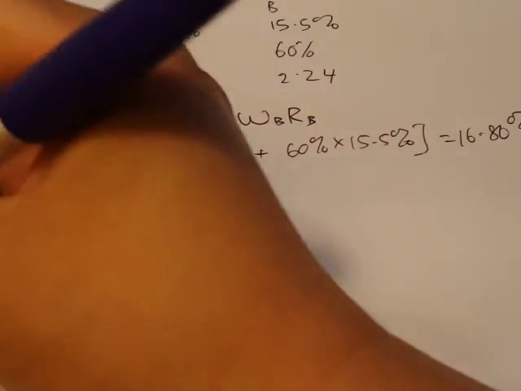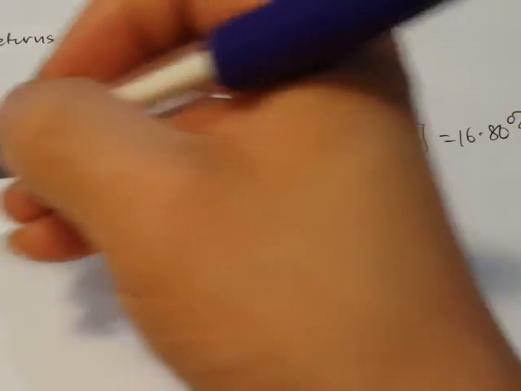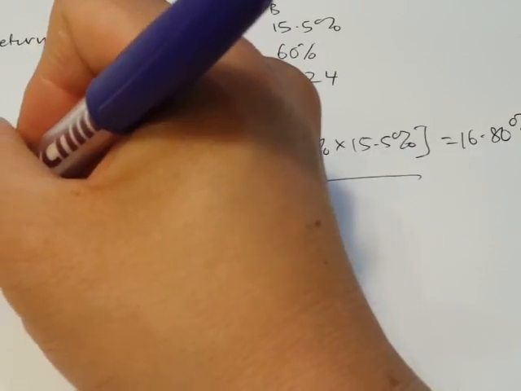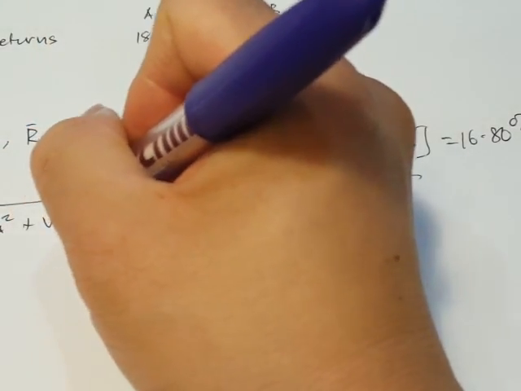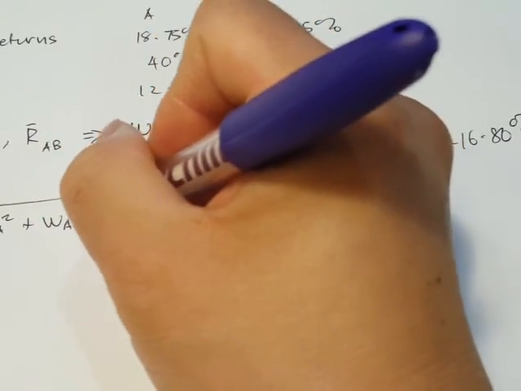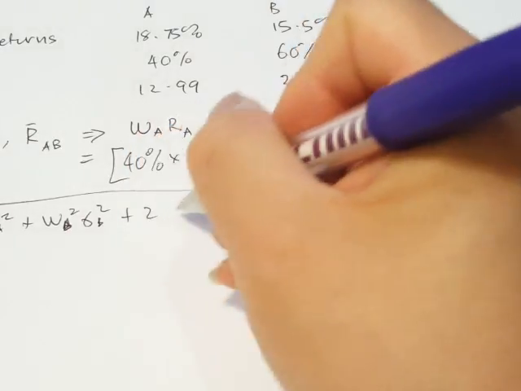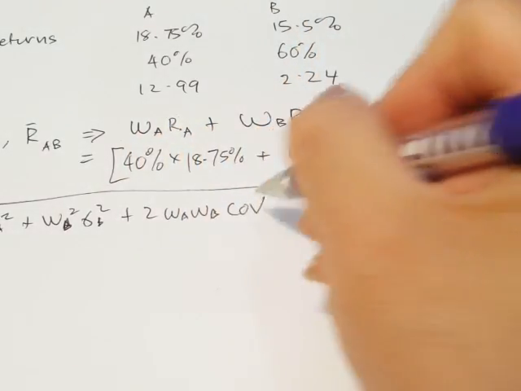Now standard deviation. Standard deviation is given by the portfolio formula. Portfolio AB is weight A power 2 times standard deviation A power 2, plus weight B power 2 times standard deviation B power 2, plus 2 weight A, weight B, covariance.